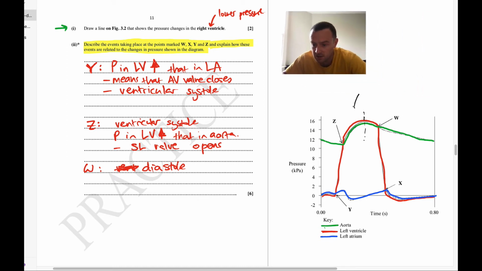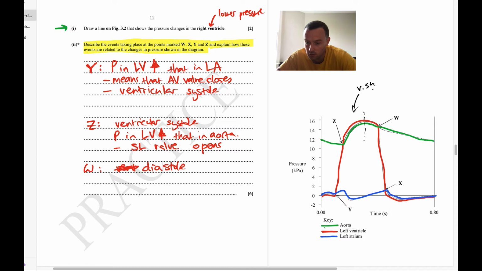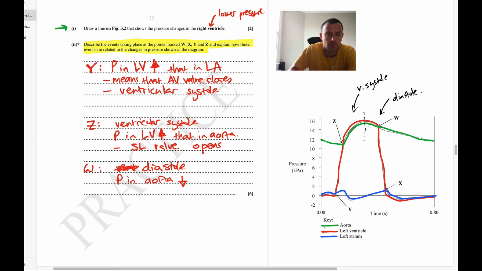Okay, so this is V systole, and over here this is diastole, the whole heart resting, so ventricular and atrial diastole. Okay, so W, we've got the diastole, we've got the pressure in the aorta falls below, sorry, no, I made a mistake there.